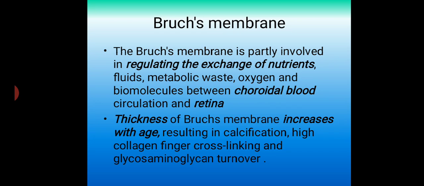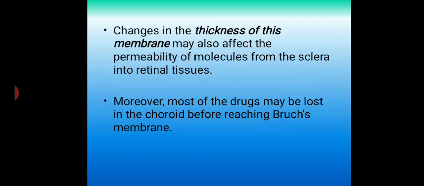So sedimentation of calcium, collagen, etc. on Bruch's membrane makes this membrane thicker and thicker, which results in decreased permeation of the drug molecule. The change in thickness of this membrane can also affect the permeability of molecules from the sclera into the retinal tissue.